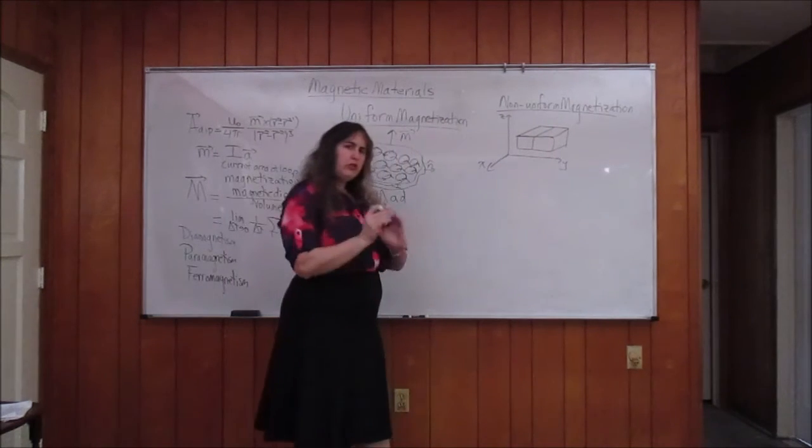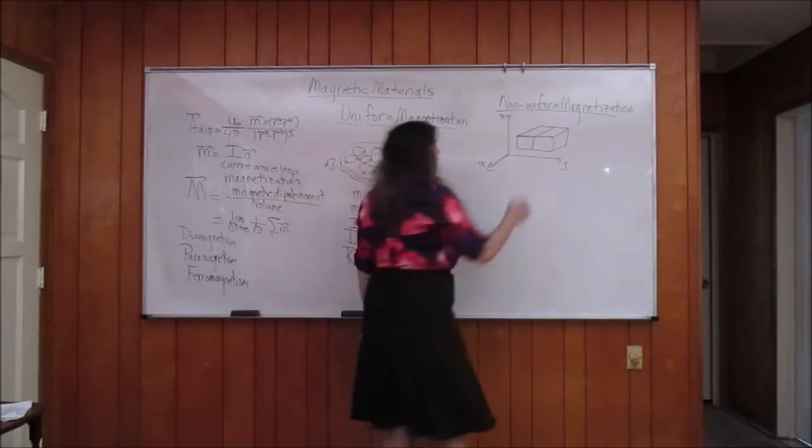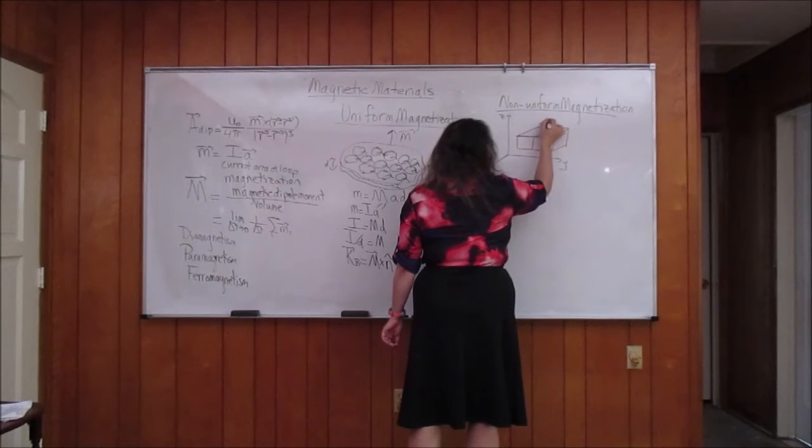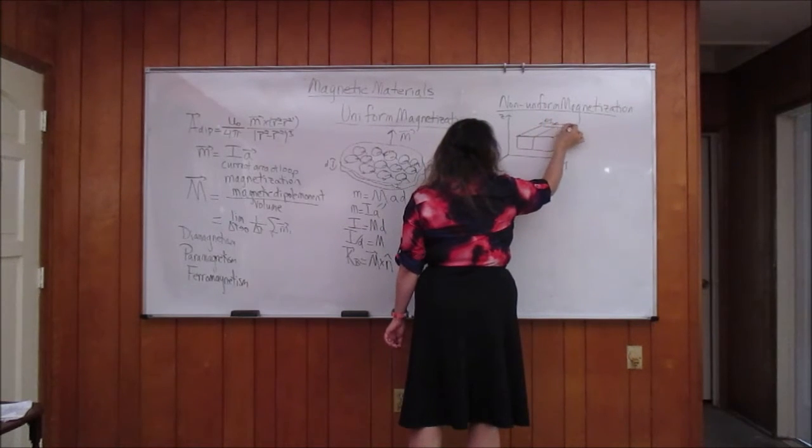We consider two adjacent volume elements here. We'll assume that they're both of width delta y.